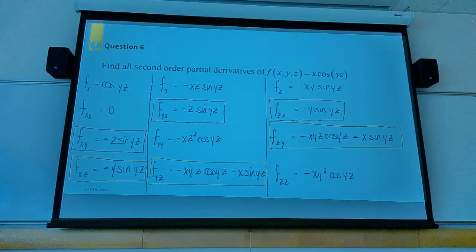Again, that is Clairaut's theorem. I think that's how it's spelled. Go ahead and double check that spelling.